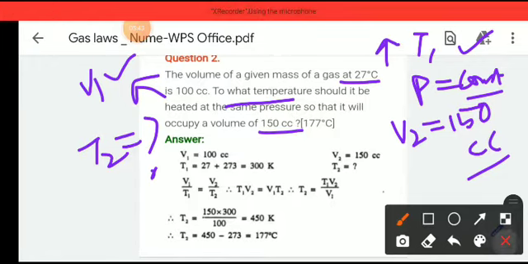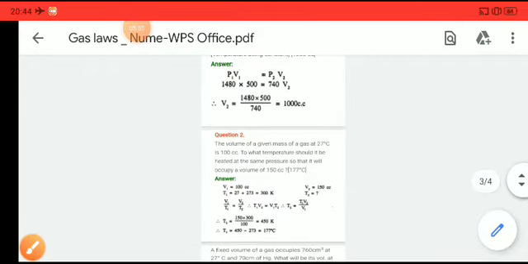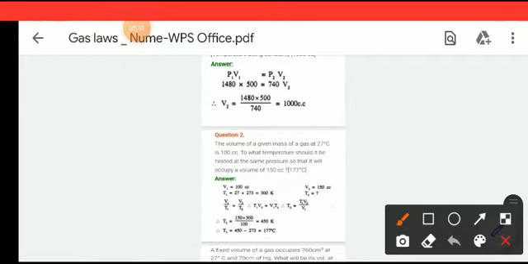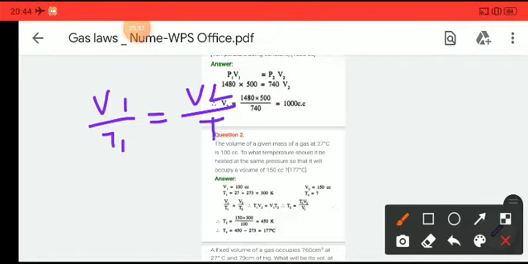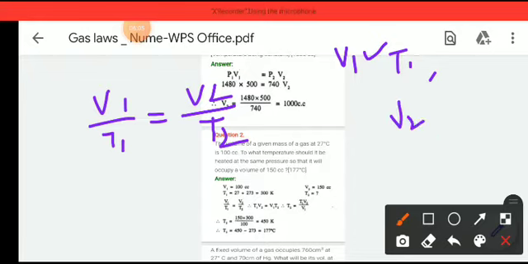And what is Charles' law? The mathematical expression of Charles' law is V1 by T1 is equal to V2 by T2. Here we already know V1, T1 and V2. V1 is 100 cc, and T1 is 27 degrees Celsius.